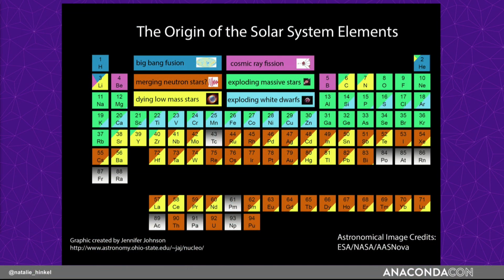This is an image created by a colleague of mine, Jennifer Johnson, at Ohio State. It's a color-coded version of the periodic table to show you where these elements come from. The blue is what is from the Big Bang, like I said. Then you have the green and the slightly lighter shade of blue, which is coming from massive stars, mostly from supernovae, the actual explosions.